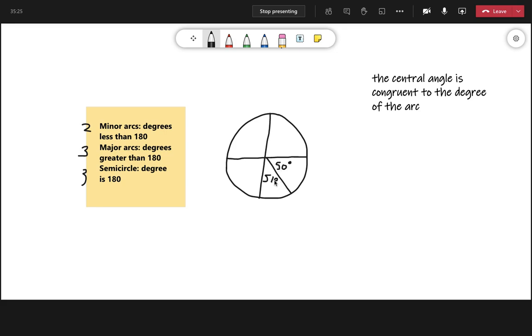That's a degree symbol right here, 51 degrees. And then, let's find H.